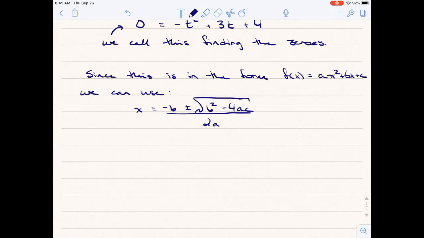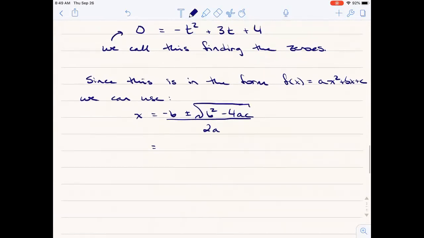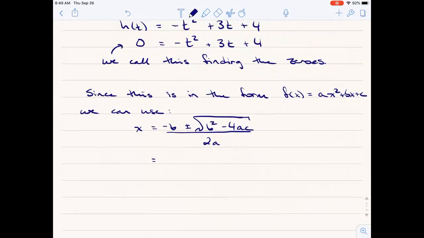I feel like I've got it pretty good in the old noggin. So in our case, a is -1, b is +3, and c is 4.